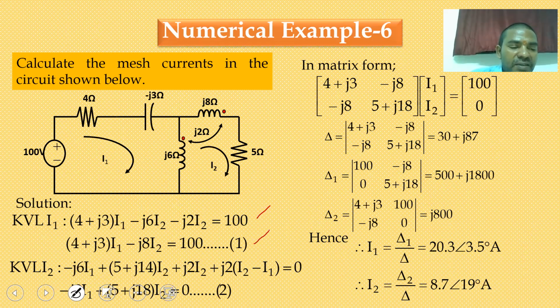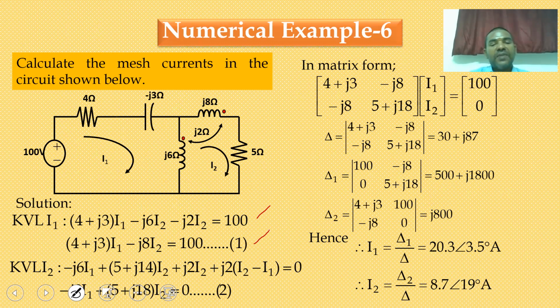Coming to the second one: minus J6 into I1 with respect to the I1 current, plus 5 plus J6 plus J8, so 5 plus J14 into I2. Here the current flowing through I2 is ending dot for J6 and ending dot for J8. So plus J2 times I2 plus J2 times I2 minus I1.